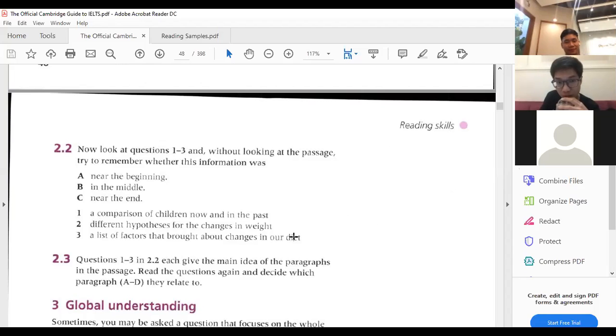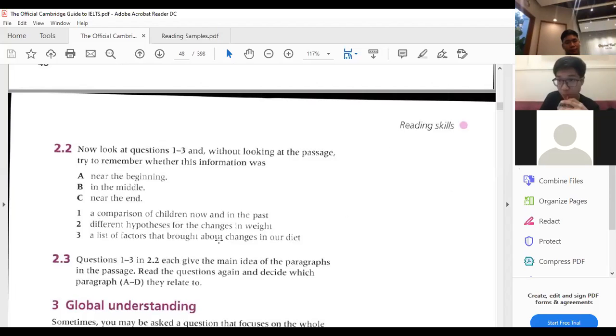What about the different hypotheses? Near the beginning. Near the beginning, okay. And last one, a list of factors that brought about changes in our diet. Near the end. Near the end, okay.